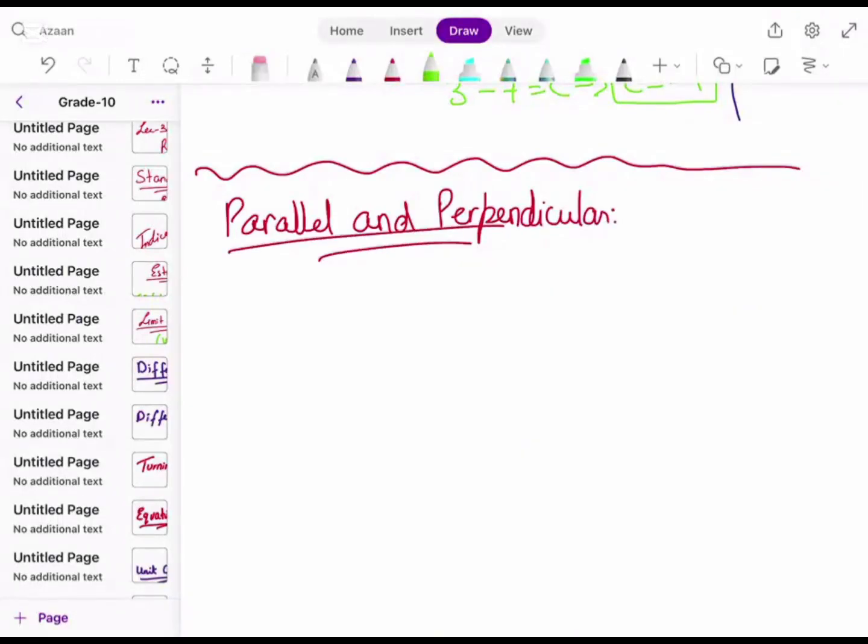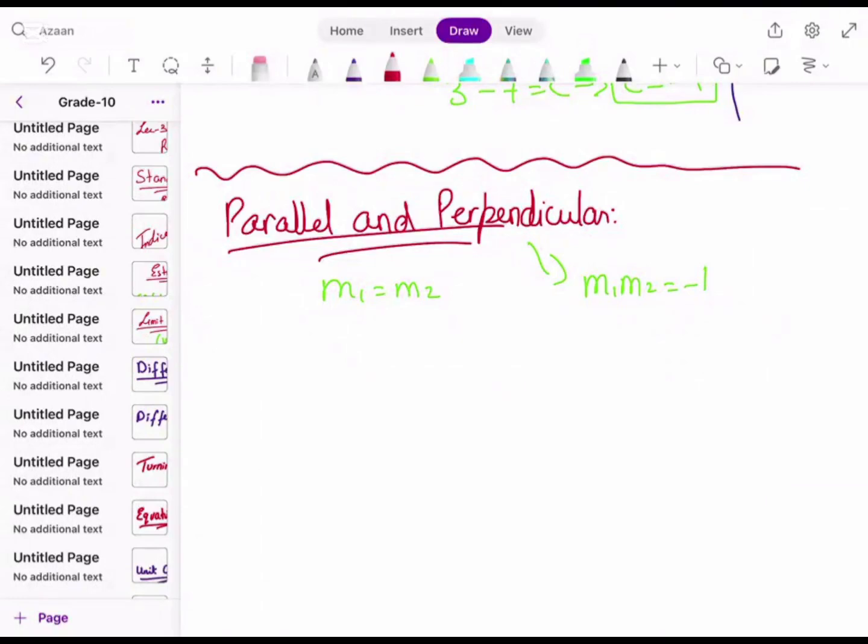As I told you in the previous class, when the lines are parallel, the slopes will be equal. And when the lines are perpendicular, m1 multiplied by m2 will be equal to -1. These are the two conditions of a gradient. When the lines are parallel, the gradients of both lines are equal. When the lines intersect perpendicularly, they make a 90-degree angle, so m1 multiplied by m2 is equal to -1.